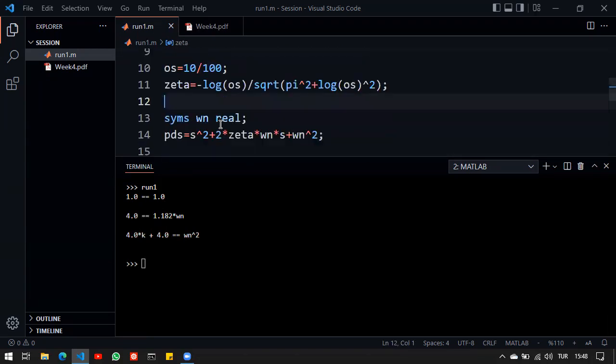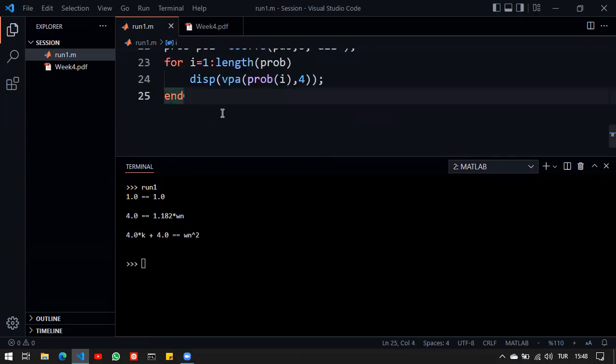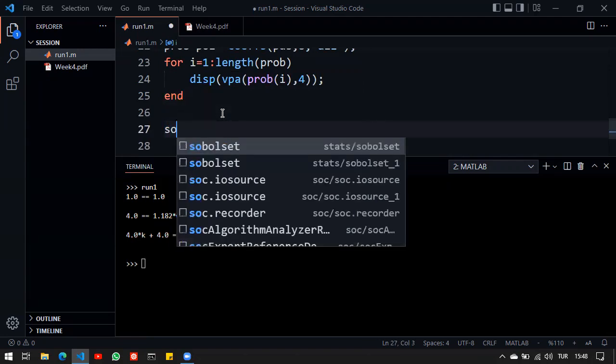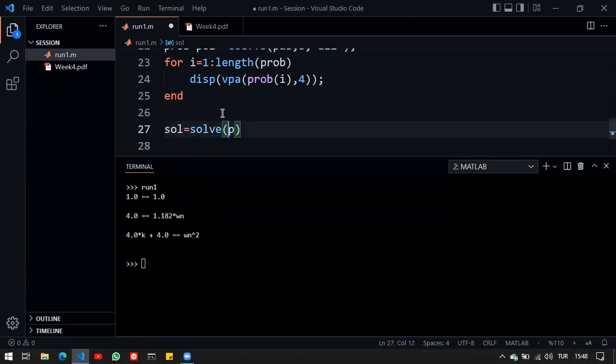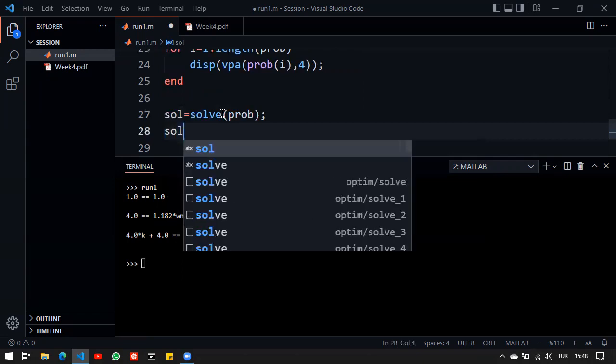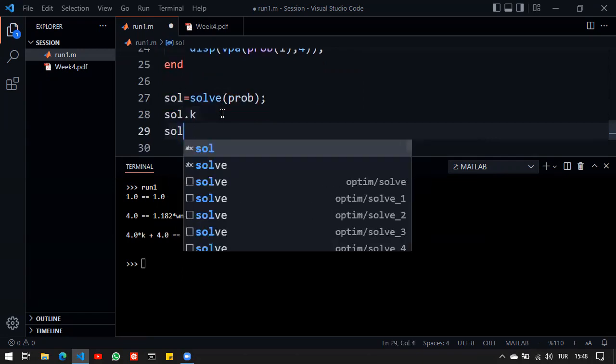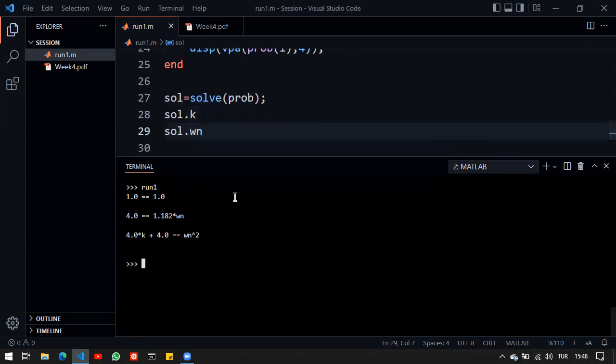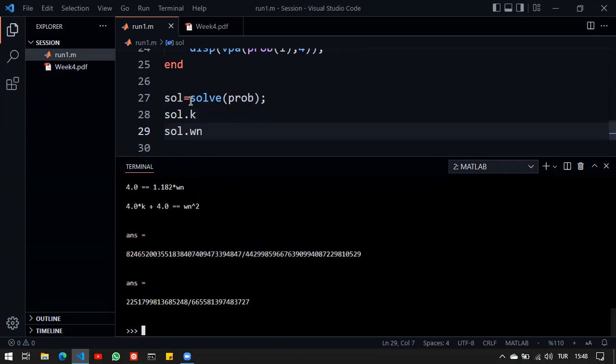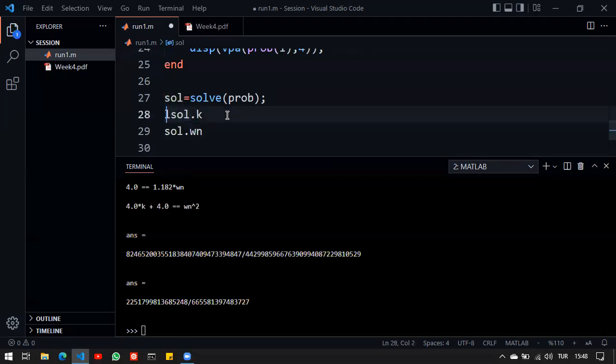So now let's call the solve function. So solve the problem. And we will have omega n and k values here. Of course, we might convert them into doubles.